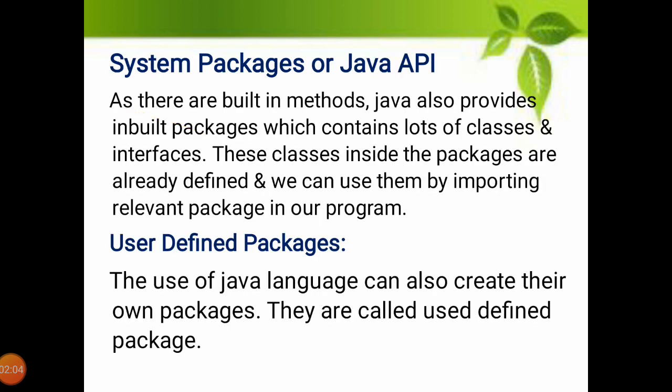Now, system package or API package: as there are built-in methods in Java, Java also provides inbuilt packages which contain lots of classes and interfaces. These classes inside the packages are already defined and we can use them by importing the relevant package in our program. So these are called Java APIs.